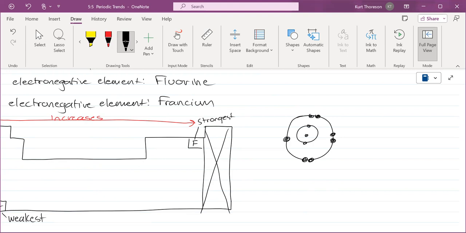What would make more sense to you? Gain 1 more electron right here and have a stable second level, or lose 7, go down a level, and have a complete first level? Yeah, it's so close. So it's going to have a very strong attractive force to complete its valence shell because it already has so many other electrons. So it just needs 1 more right there to be stable and become an ion.